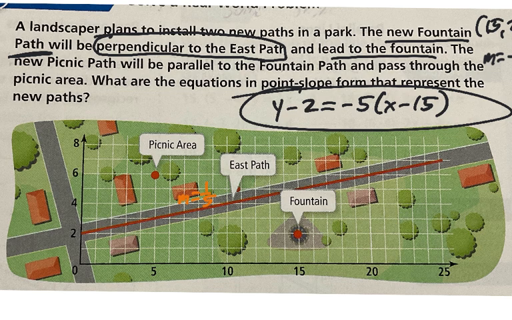All right, the second line, a picnic path will be parallel to the fountain path. The fountain path is what I just found here. If it's going to be parallel, it's going to have the same slope as this fountain path.